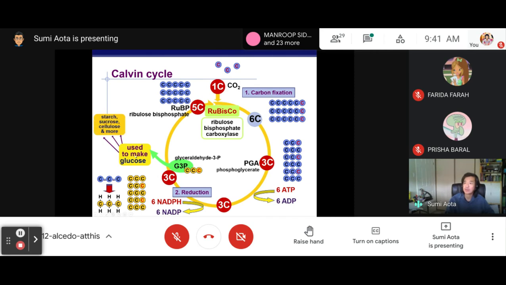That glucose molecule can now go on to make starch or sucrose or cellulose or proteins or lipids or nucleic acids. So there's your synthesis bit. The remaining 5-carbon molecules are going to use another 3 ATP to get back to RUBP.